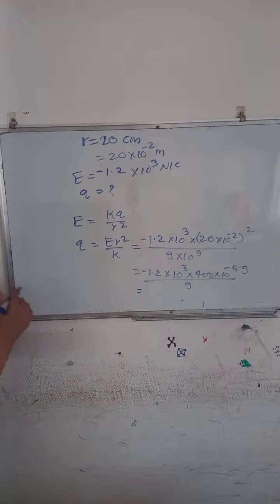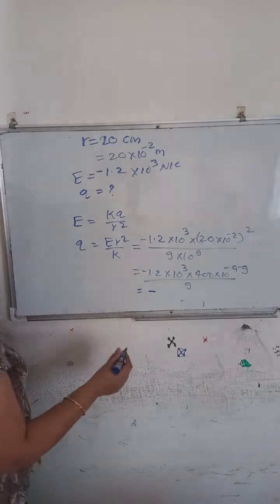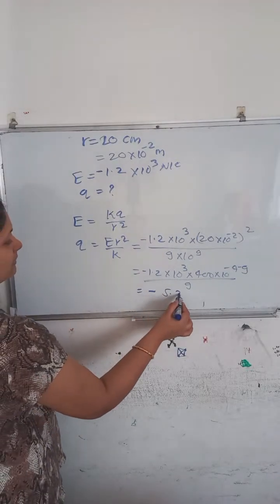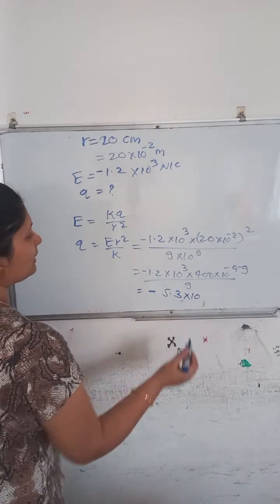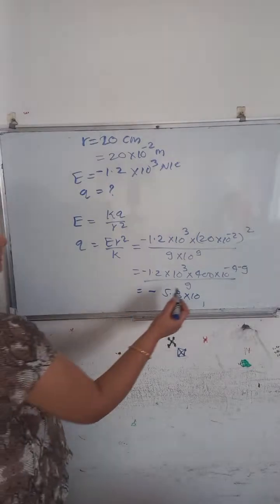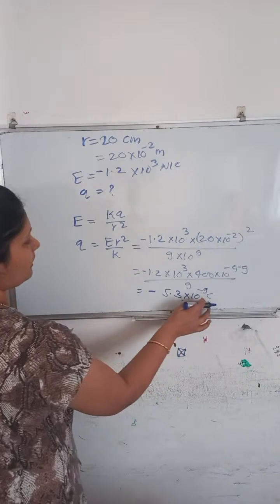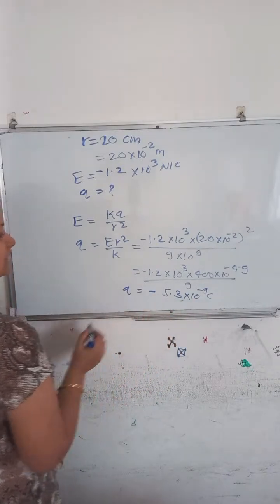So divided by 9, that is nothing but minus I think 5.3 into 10 raised to minus 4 minus 13, that is 10. And here you can adjust the decimal, so that once you adjust the decimal you will get minus 9 coulomb. Okay, so this is what the charge I am getting.